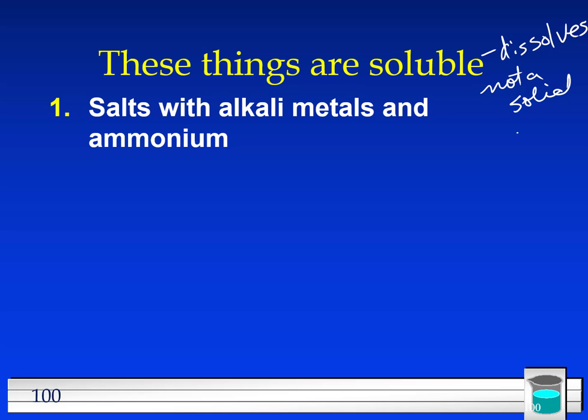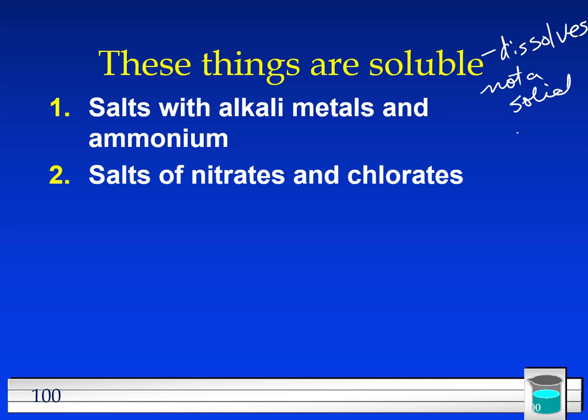And that's the only rule that has anything to do with the positive pieces. So I check that one first. The positive piece is an alkali metal, which is group 1A, or it is an ammonium, NH4+. Then you move on to the negative pieces. So the rest of the rules are about the anions.